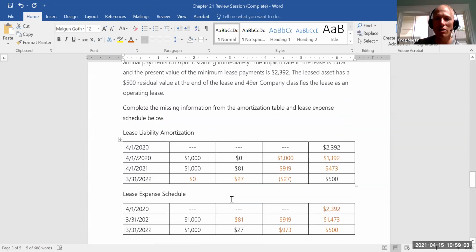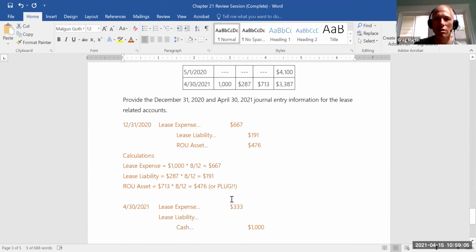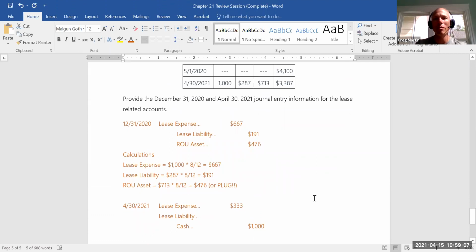So let's go down here and think about what the journal entry amount might be for the lease liability and see if you can come up with the number. This is probably the toughest number in all of Intermediate 2 to come up with.